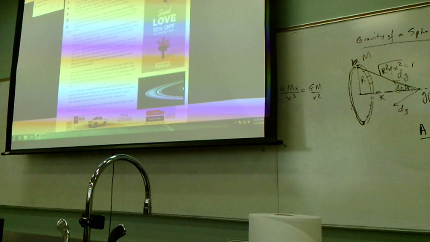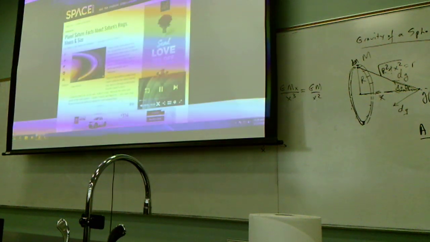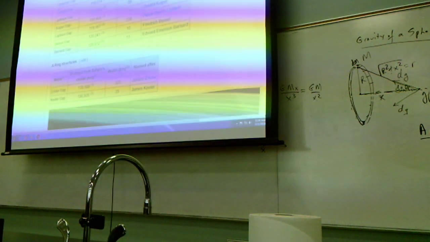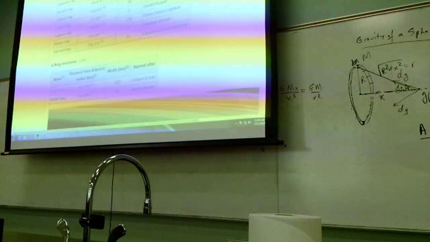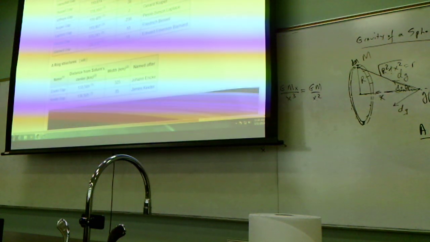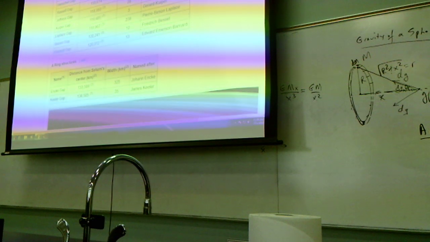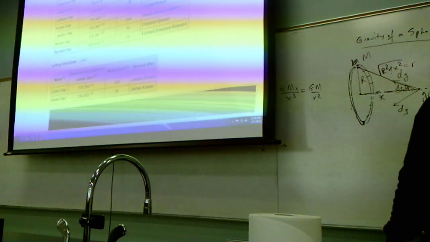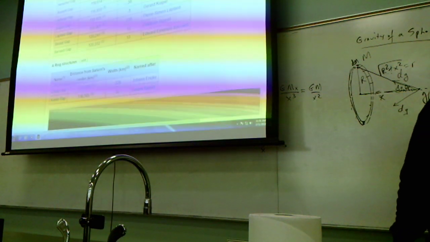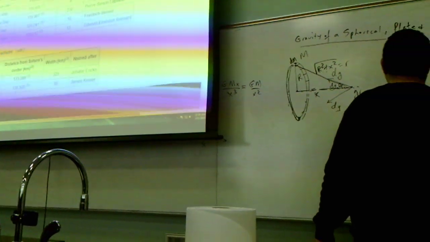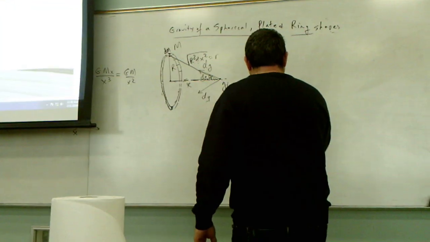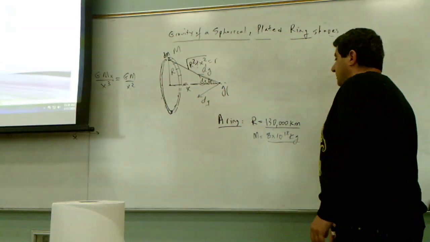It's kind of hard to find. It's probably embedded somewhere there. So 1.5 times 10 to the 19. So let's say something like 8 times 10 to the 18 kilogram. Something like that. I'm going to estimate.